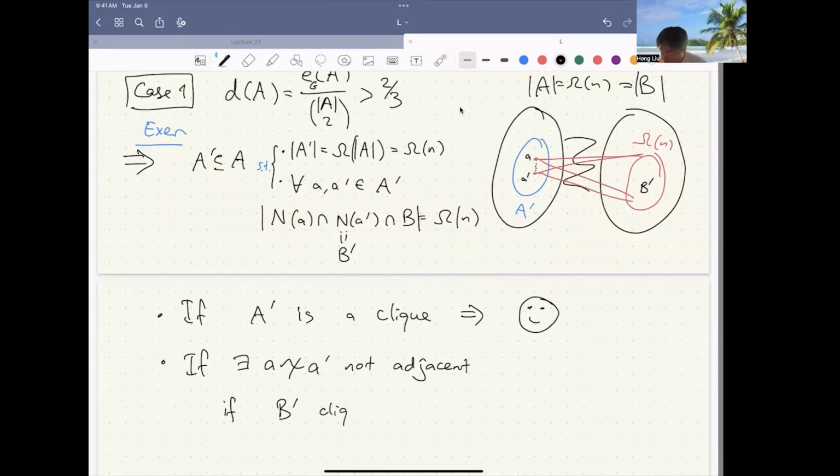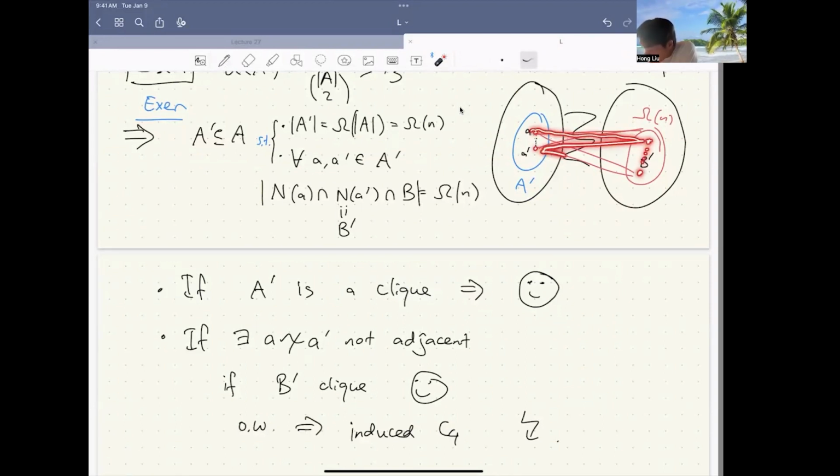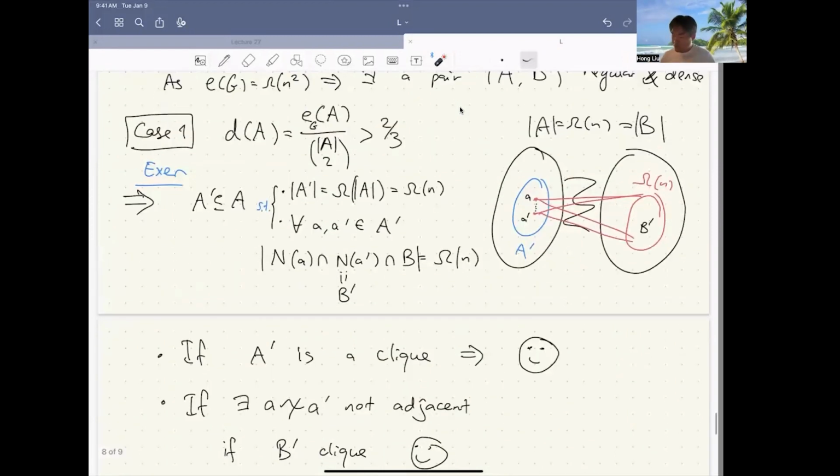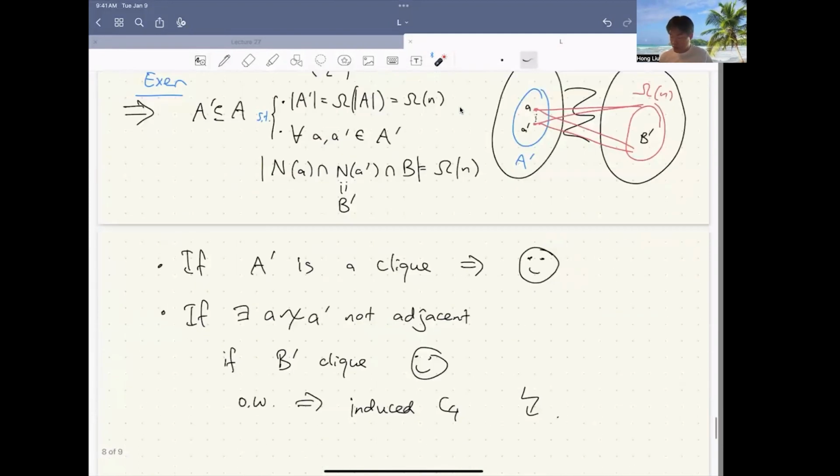If B prime is a clique, we are also done, linear size. Otherwise, we get an induced C4, a contradiction, right? Now not being a clique means there are two vertices not adjacent here, and two vertices in A prime not adjacent here, and you have all edges in between. Induced C4. Good. That finishes the first case, that the density of A is more than 2/3. More than 1/2 is enough. So 2/3.